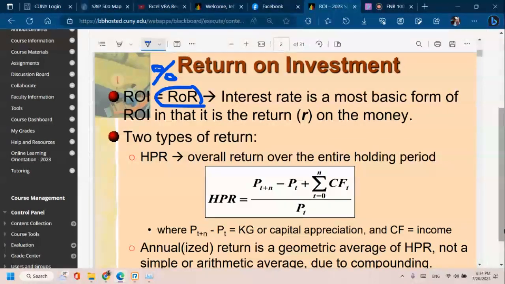And if somebody borrows 1 million from the bank and the bank charges 10%, that's called the lending rate, because the bank is lending. Of course, from the borrower's perspective, they are borrowing, but this is from the bank's perspective. You have to remember that.